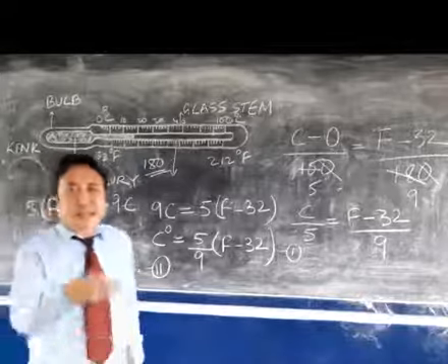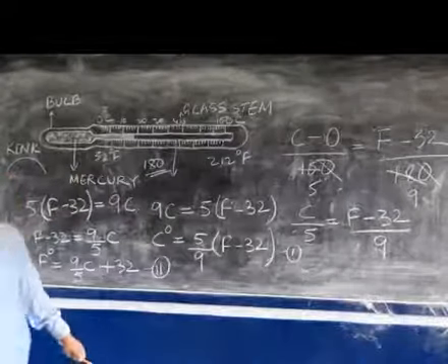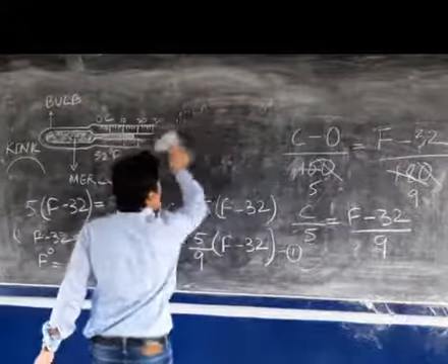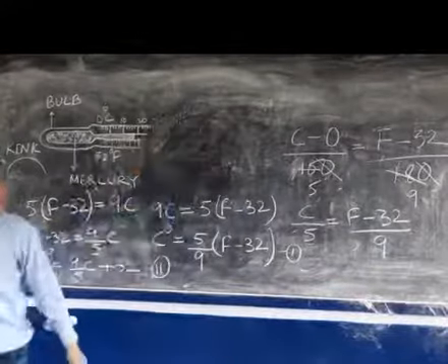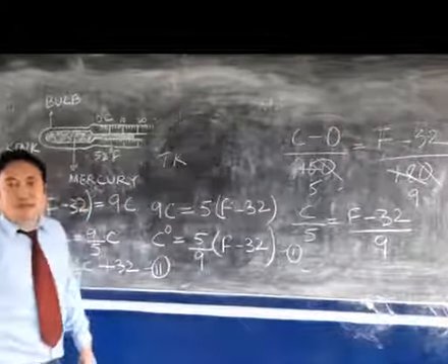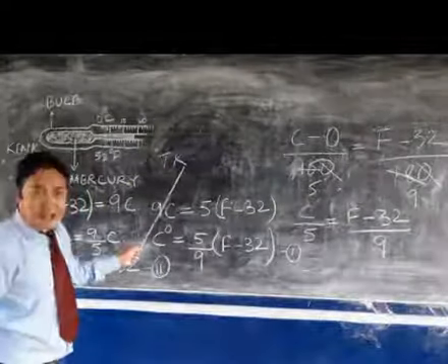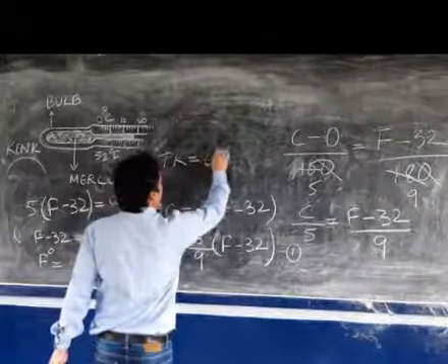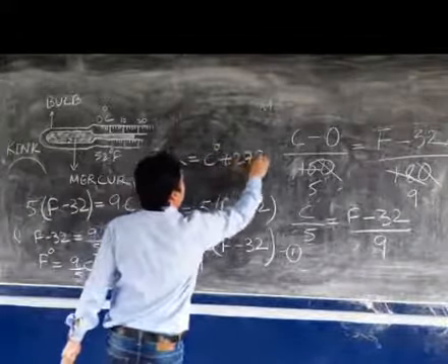Now also the Kelvin scale. How to convert into the Kelvin scale? Temperature in the Kelvin scale, we call it TK, equals to degree Celsius plus 273.